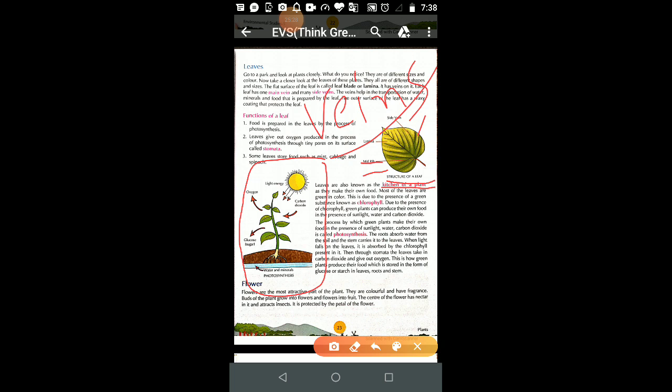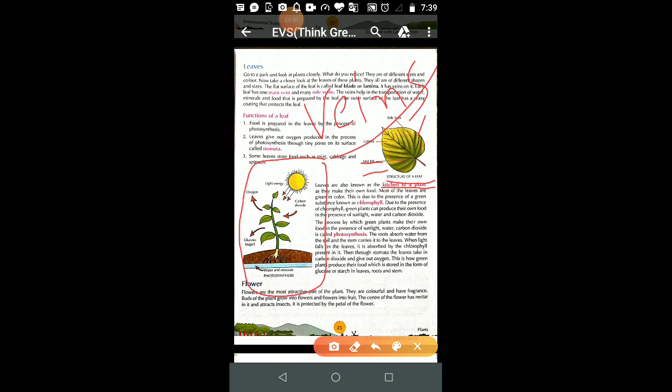Now student, I explained you the process of photosynthesis. What is photosynthesis? First, in your rough copy, note down the things required for the process of photosynthesis. What are the things required for photosynthesis?